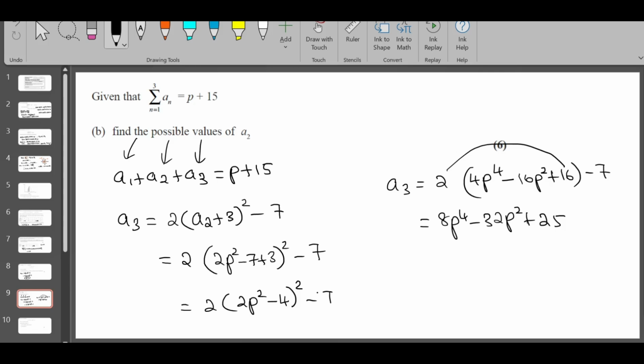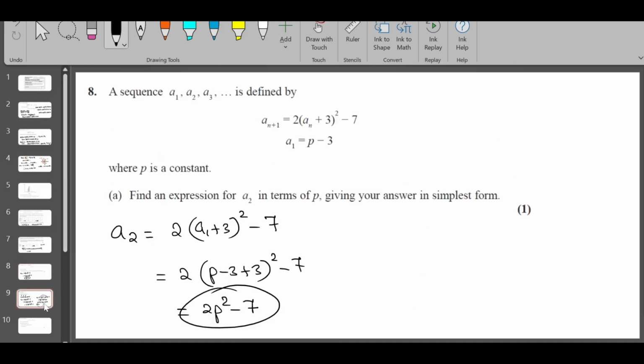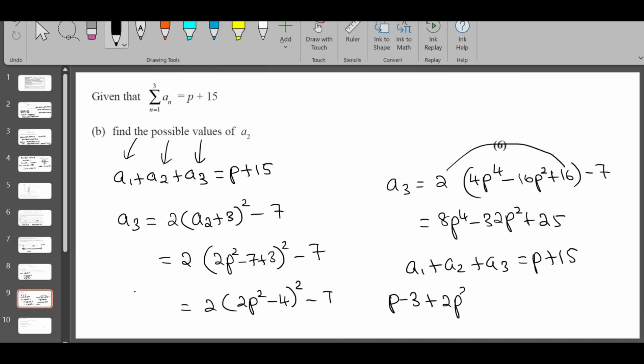Okay. So now you can write the step. a1 plus a2 plus a3 is equal to p plus 15. a1 is given in the question as p minus 3. We calculated a2 as 2p square minus 7. And a3 as 8p power 4 minus 32p square plus 25 is p plus 15, and we need to solve it.